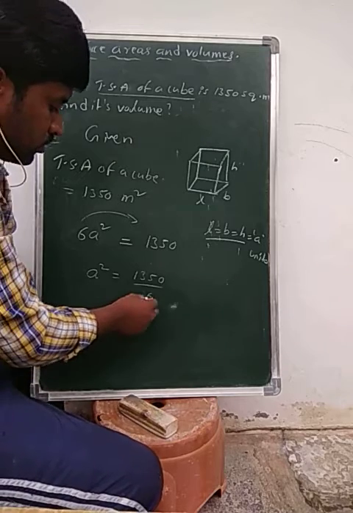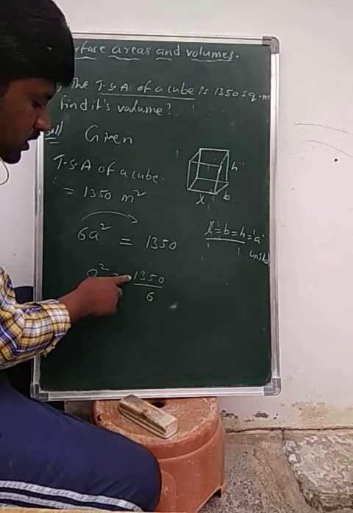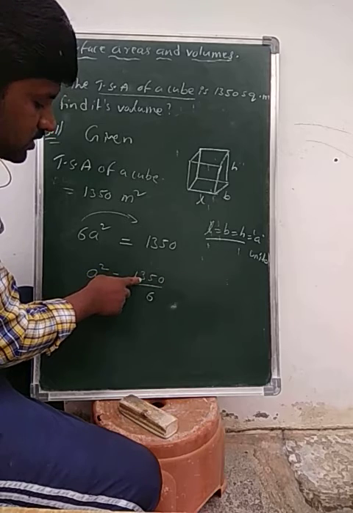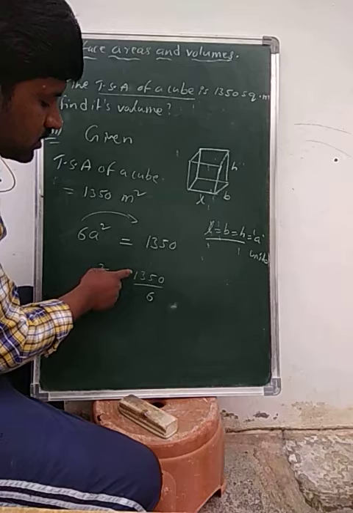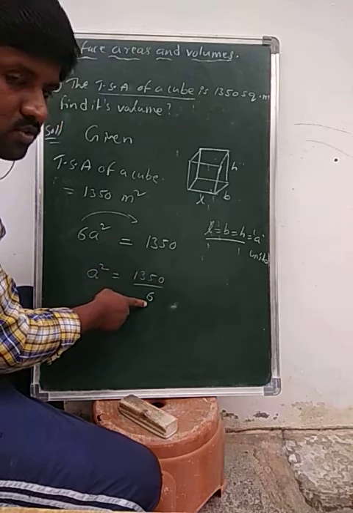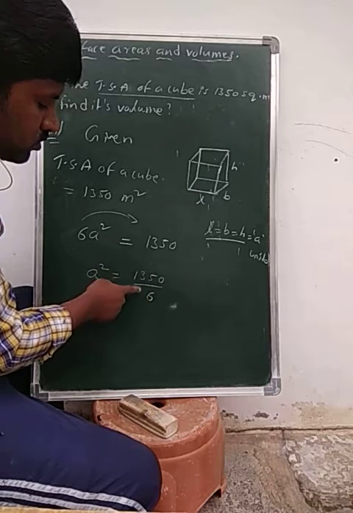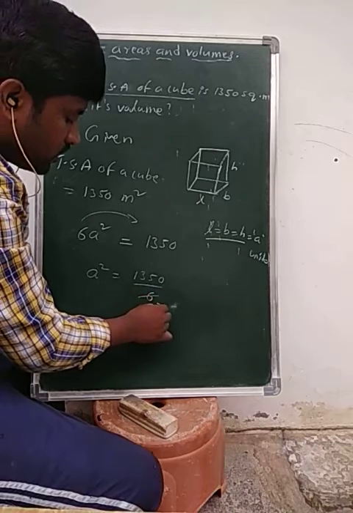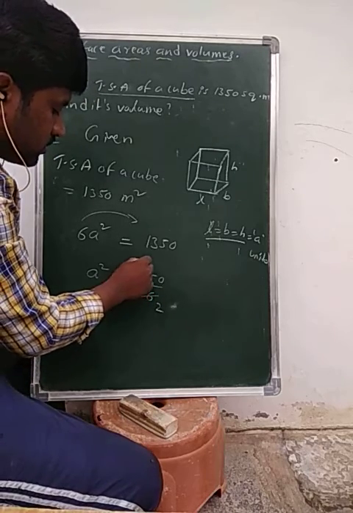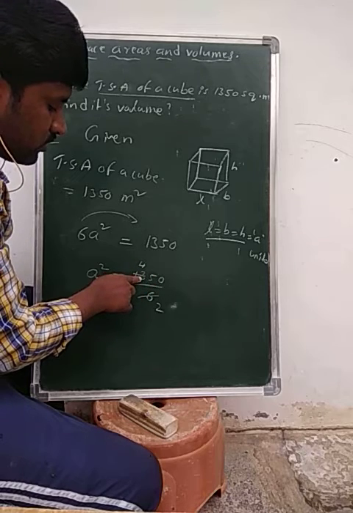Now what I am doing here, you just add the digits in this. 1 plus 3 is 4, 4 plus 5 is 9, 9 plus 0 is 9. So the digits added give 9, and here there is 6. So clearly these two numbers are exactly divisible by 3. 3 2s are 6, 3 4s are 12, so here 1 remains.